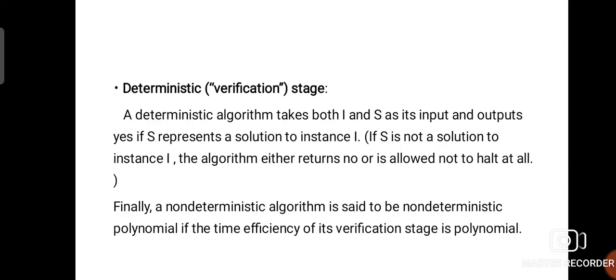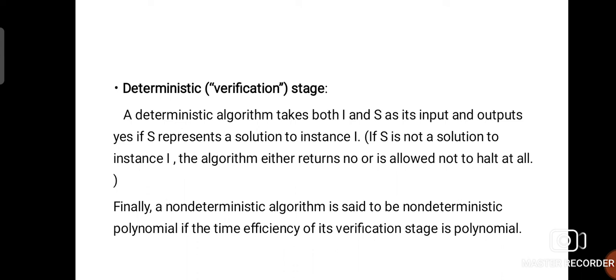In the deterministic stage, the algorithm takes both I and S as inputs and outputs yes or no, based upon the return value of the algorithm, whether the input leads to a halt state or not.